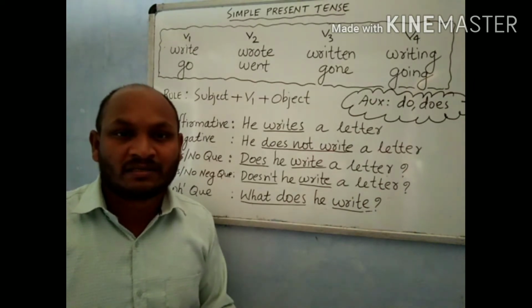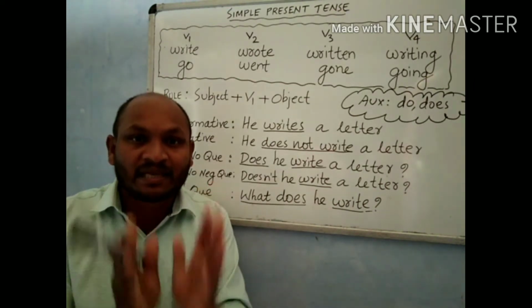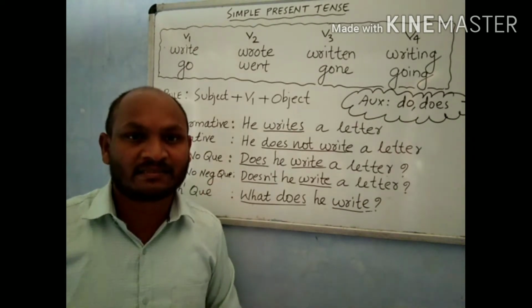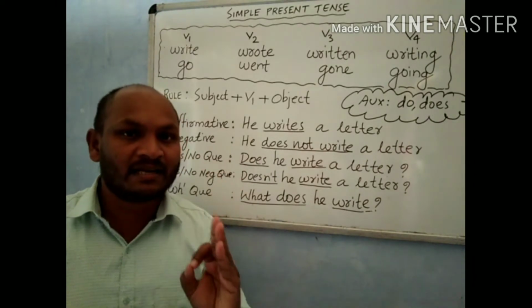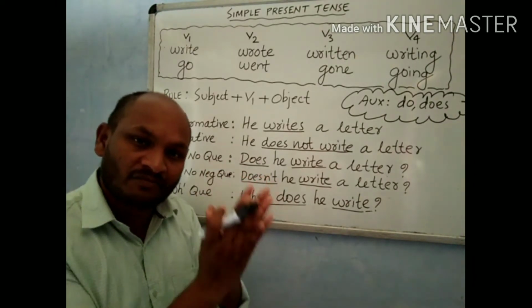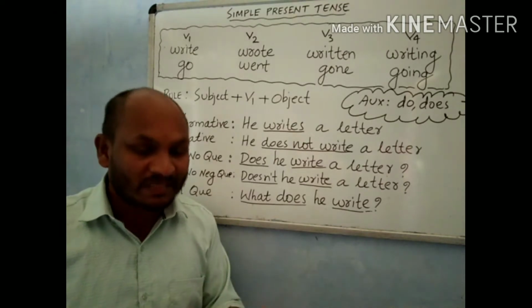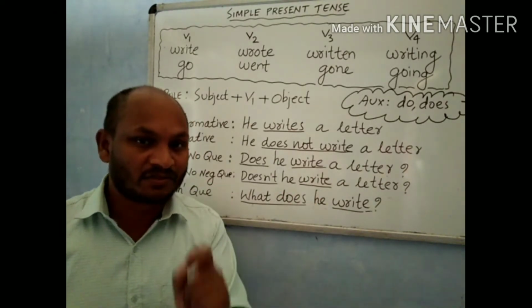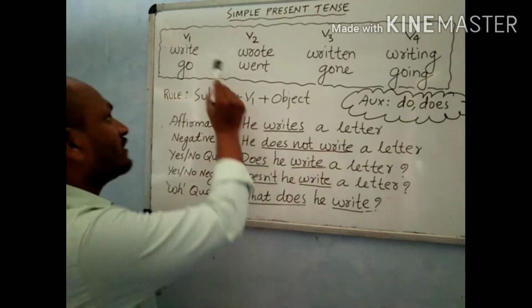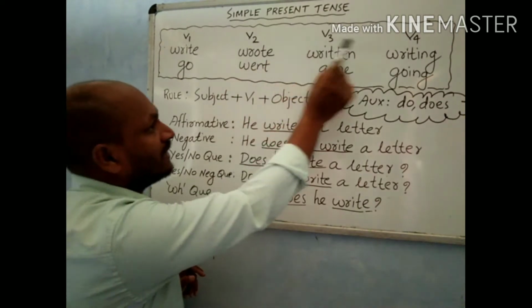Every verb has four forms, and the verb is the key word of every sentence. Especially the tense is decided because of the verbs in the sentence. So we must know certain basic ideas about verbs. As I have told you, every verb has four forms. What are they? V1, V2, V3 and V4.